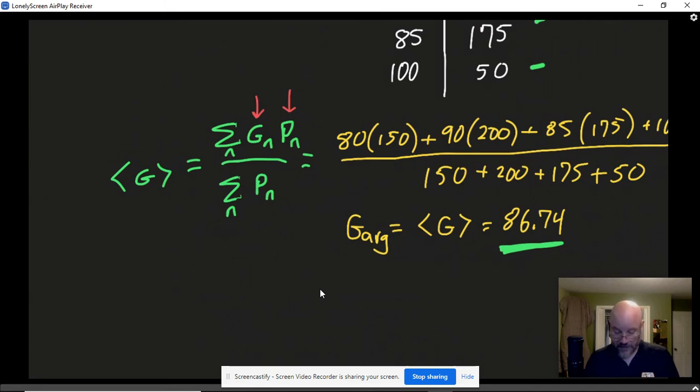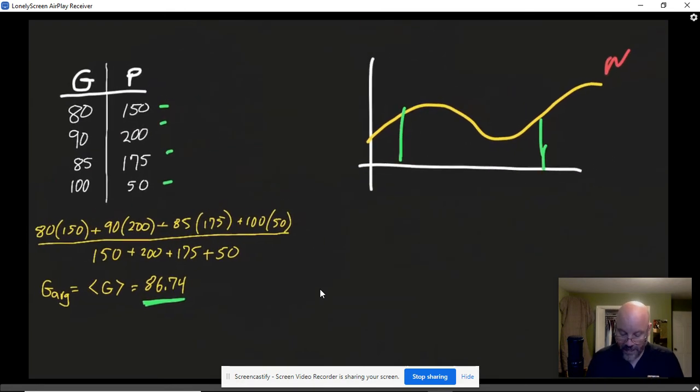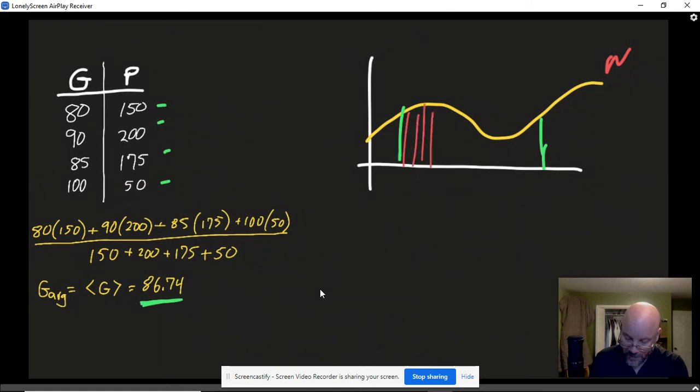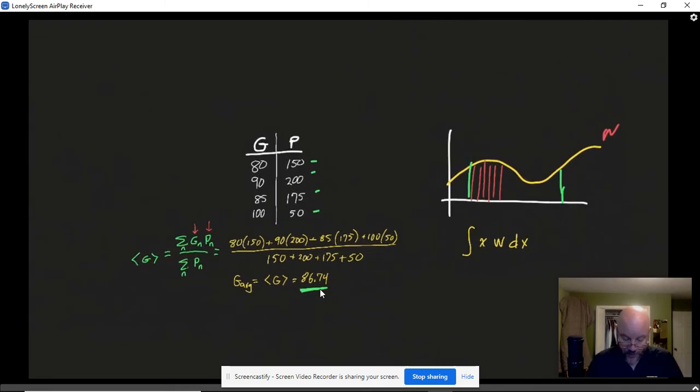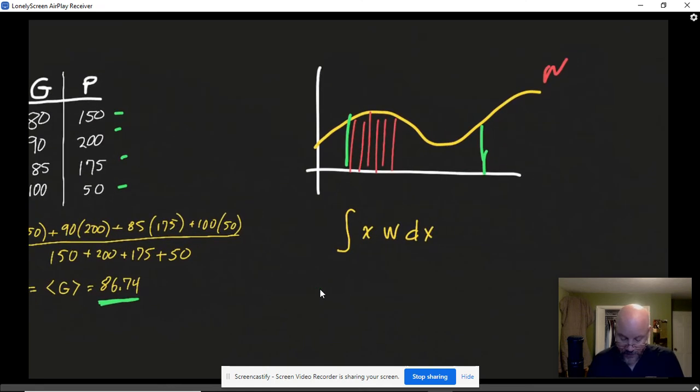So it's continuous, and that means we have to add up a bunch of little tiny pieces. That's where our integrals are going to come in handy. So we take the thing we're interested in and multiply it times the weighting function, exactly what we've done over here, and this time we integrate.